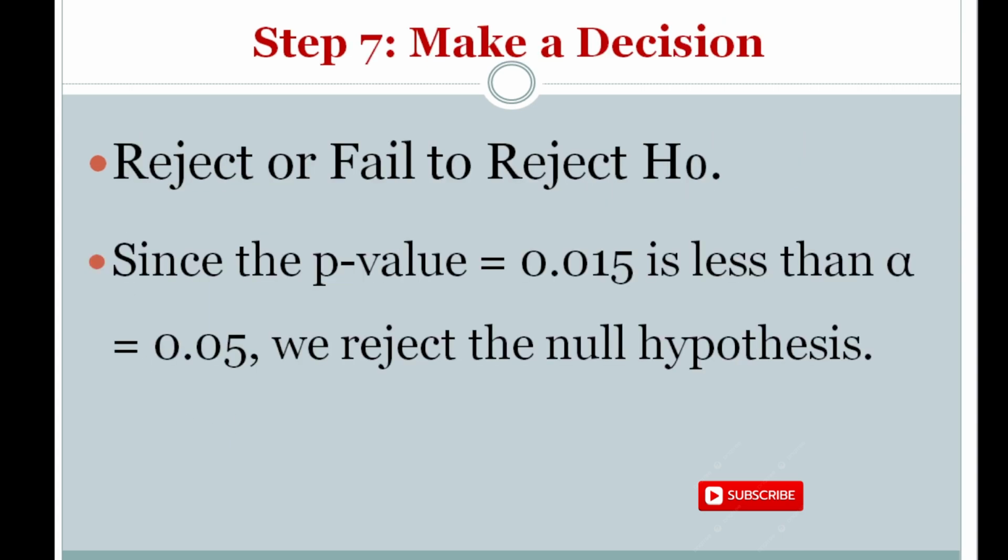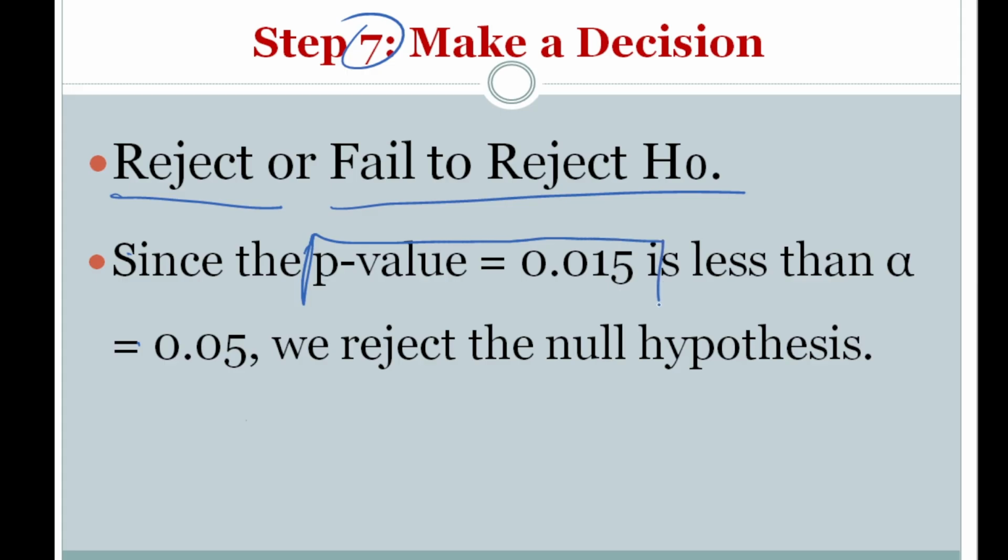Now what we will do in the 7th step, after calculating the p-value, we will take some decision. Step 7 is make a decision. What will be the decision? The decision will be based on the p-value, and it may be to reject the null hypothesis or fail to reject the null hypothesis. But in our case, the p-value was 0.015, which is less than the alpha.